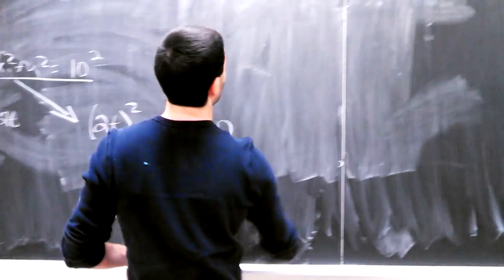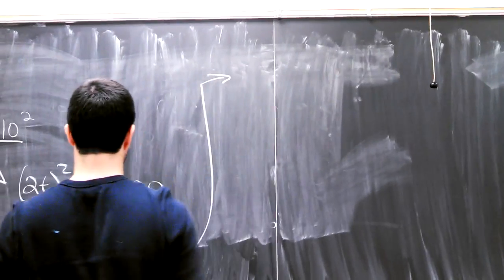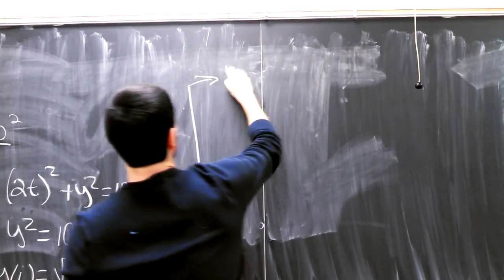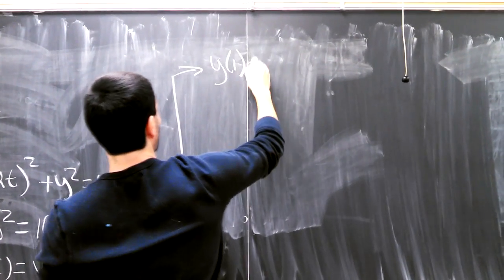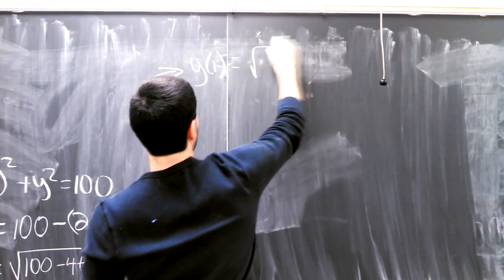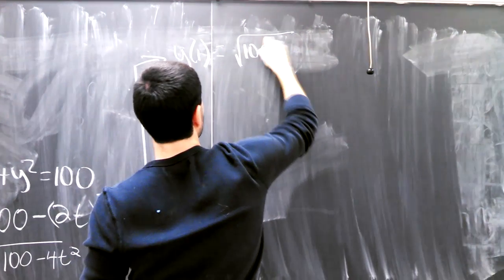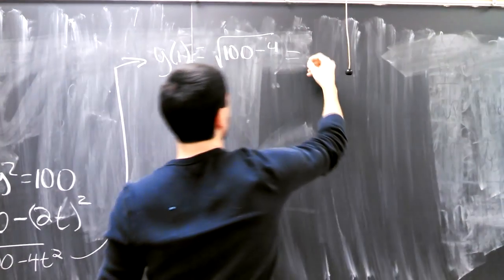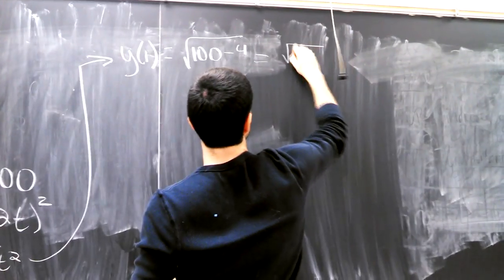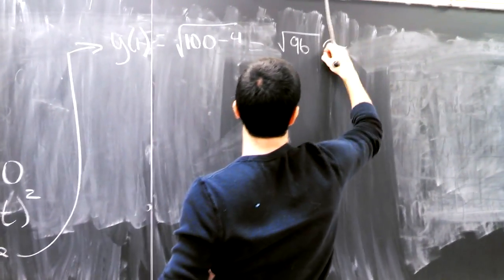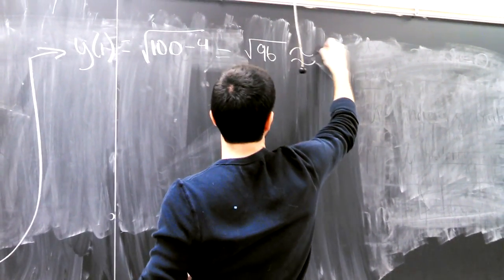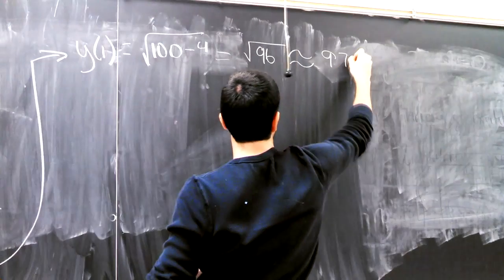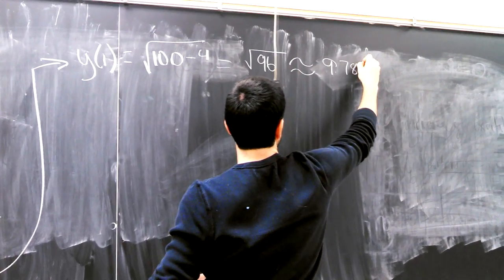So, y of 1 is equal to radical 100 minus 4, which is equal to radical 96, which is approximately 9.7898 feet.